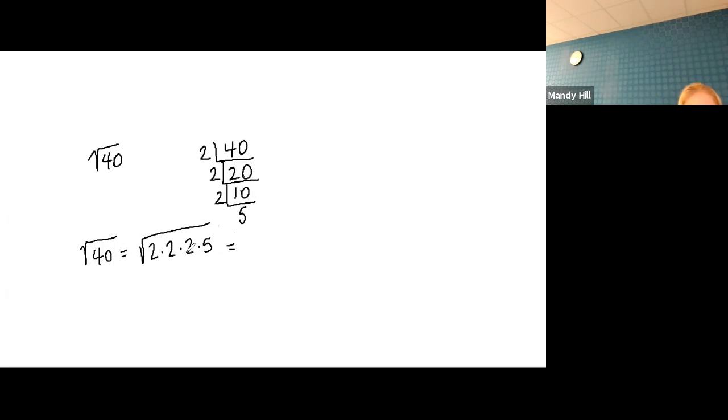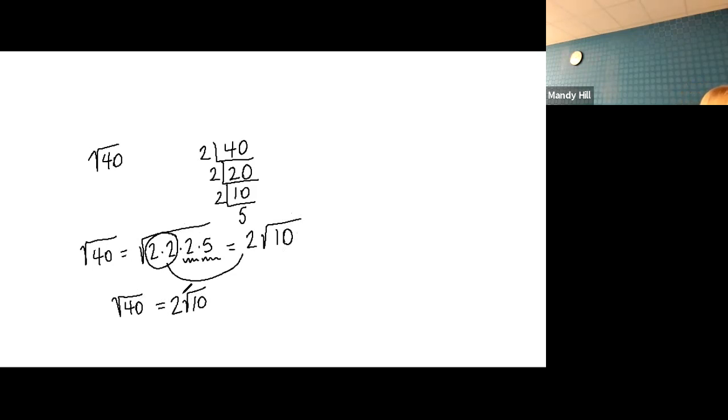We can pull out anything that we have a pair of. So I've got a pair of 2's. That means that 1, 2 gets to go in front of the radical sign. Whatever is left, the 2 and the 5, we would do 2 times 5, which is 10, and that's going to go underneath the radical sign. So the square root of 40 is equal to 2 times the square root of 10 when we simplify it.